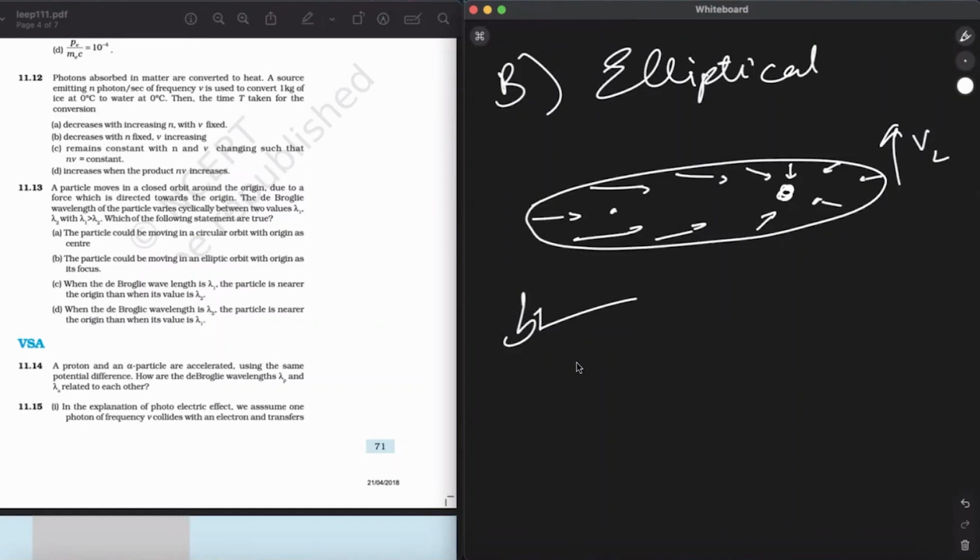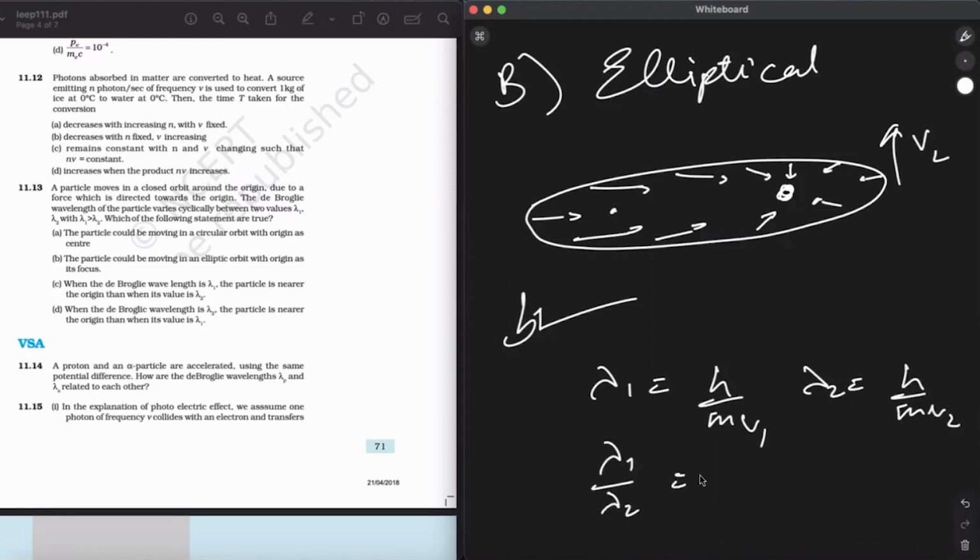What more have they given us? So if I say lambda 1 is equal to h upon mv1 and lambda 2 is equal to h upon mv2, then lambda 1 upon lambda 2 is equal to v2 upon v1. So lambda 1 is greater than lambda 2, then v2 will be greater than v1.